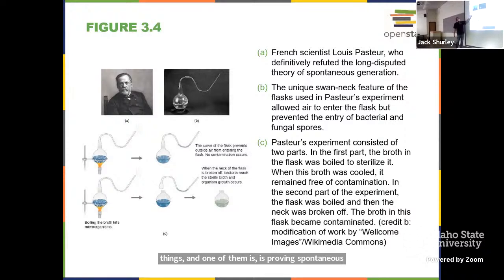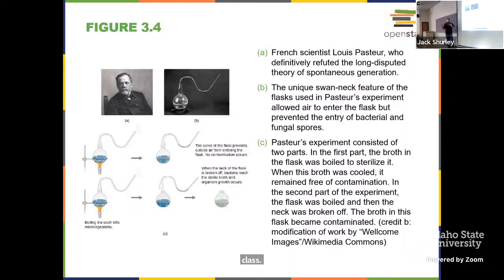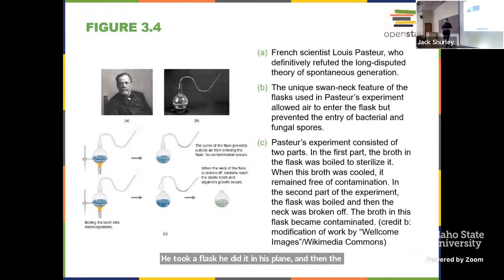So these flasks, these are called swan neck flasks. These are flasks that he built. He took a flask, he heated it in his flame and bent the glass into this curve, kind of like the trap under your sink, right? To keep the sewer gas smell away, right?